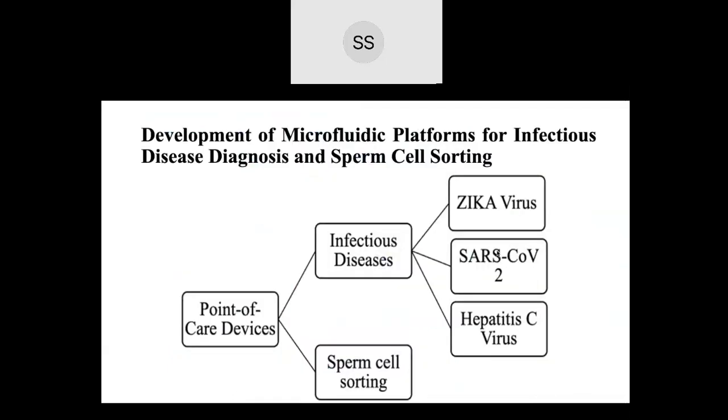During my PhD, I have been involved in several projects, a total of 4, out of which 3 are related to infectious diseases, and I recently published a paper on Zika virus. Currently I'm working with SARS-CoV-2, COVID-19, and hepatitis C virus. In addition to infectious disease detection, I'm also working on a project on sperm cell sorting on a small microfluidic platform.